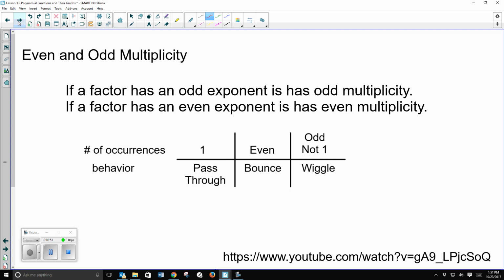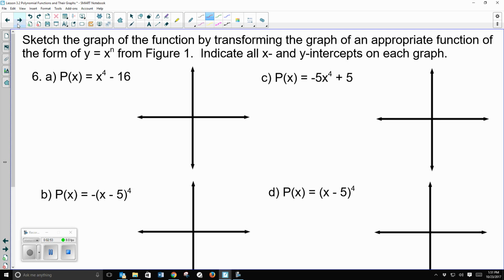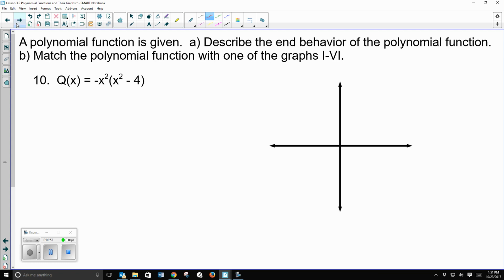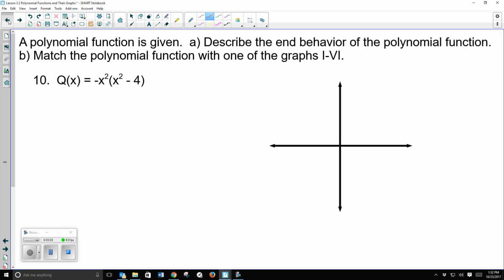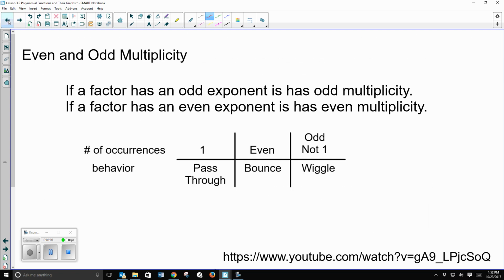Okay, when we work the problems, we'll just refer back to this graph here to see what to do.